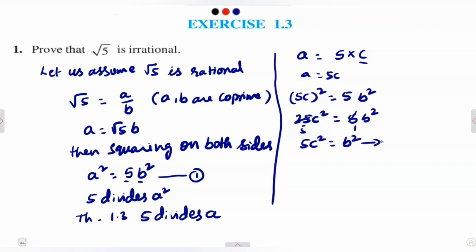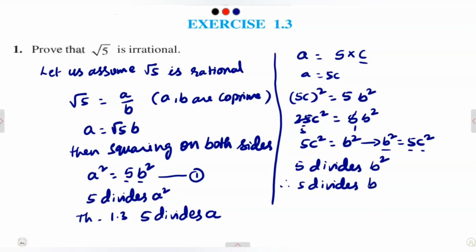That means b square is equal to 5c square. So if b square is equal to 5 into something, 5 also divides b square exactly. 5 divides b square means by again theorem 1.3 we can say that 5 also divides b. So therefore by theorem 1.3, 5 divides b.